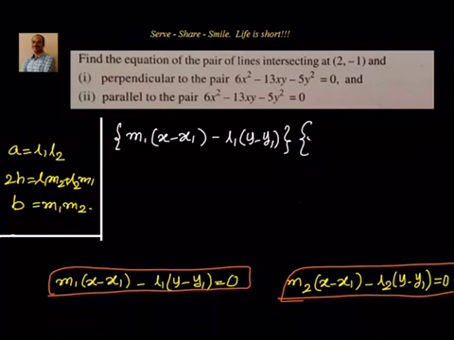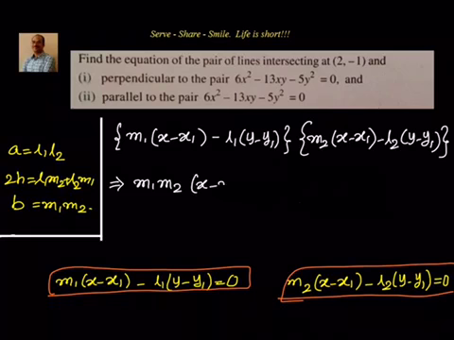I have to multiply with M2 into x minus x1 minus L2 into y minus y1. Now let's multiply that. We will have M1 M2 into x minus x1 whole square.